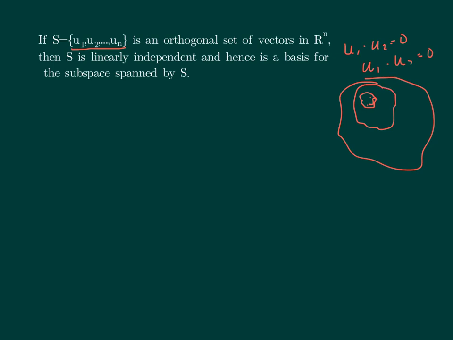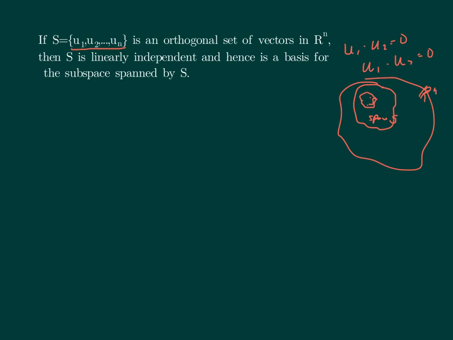And we had a theorem that said a finite set of vectors, their span forms a subspace. So this is the span of S, which we know is a subspace, that is a subset of Rn.